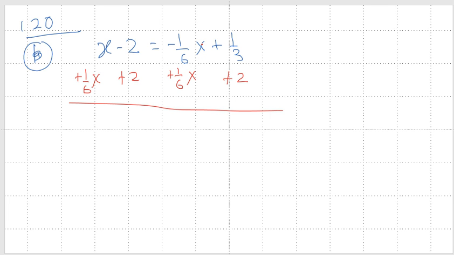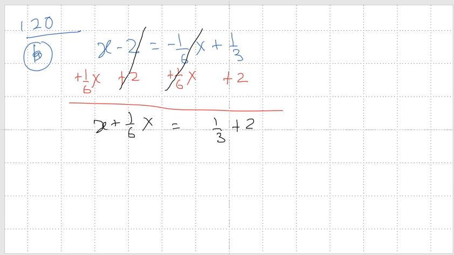So if I do this, what happens? I will find out this x gets cancelled on this side. I have nothing, no x left on this side. Likewise, minus 2 and plus 2 get cancelled. That means I have nothing except x. So what do I have on this side? I have x plus 1/6 of x is equal to 1/3 plus 2.